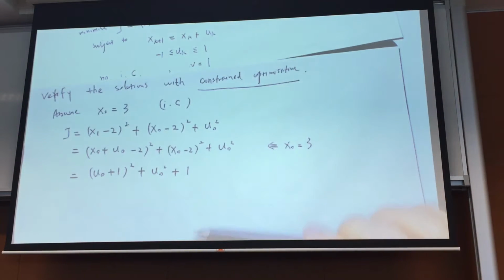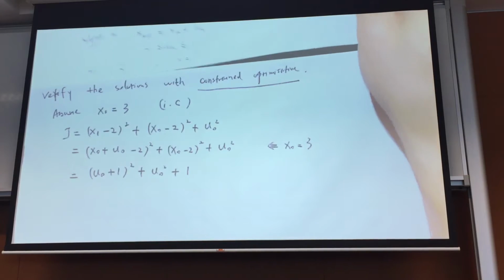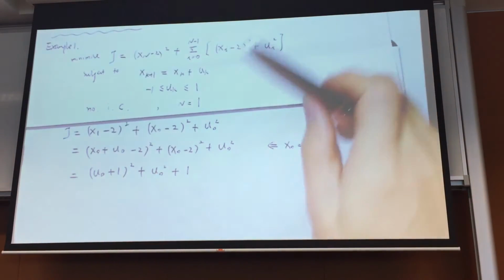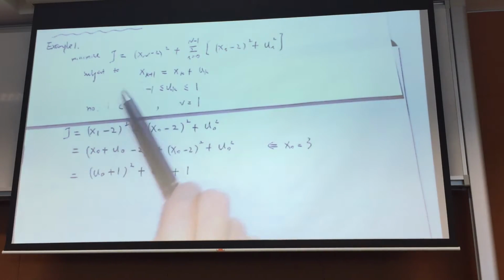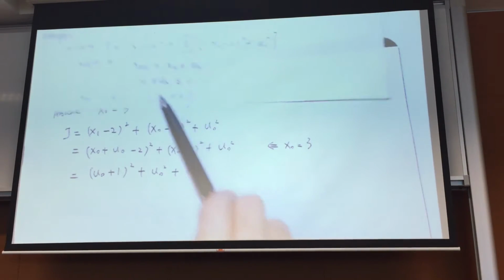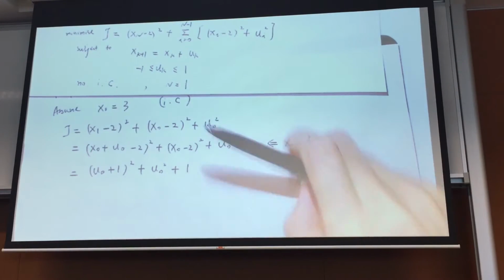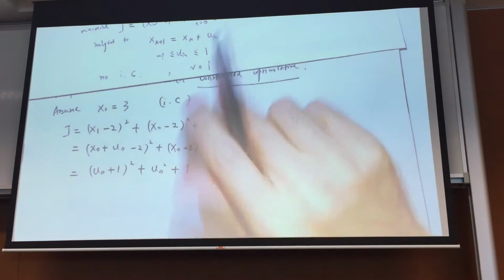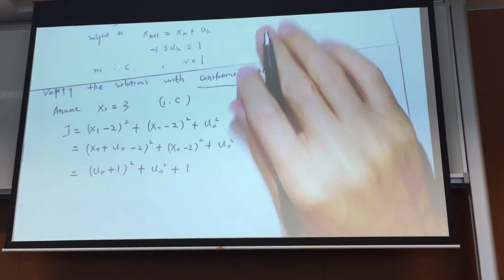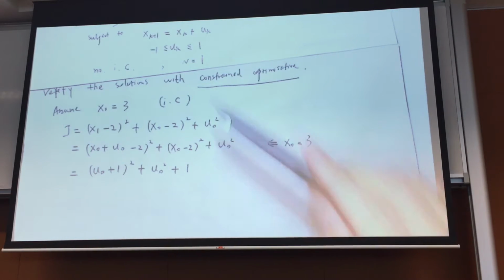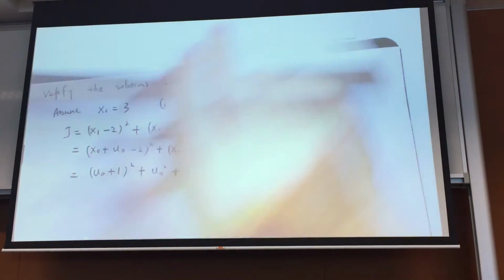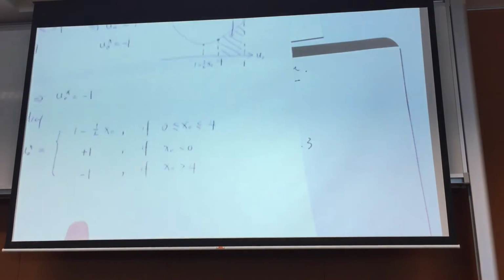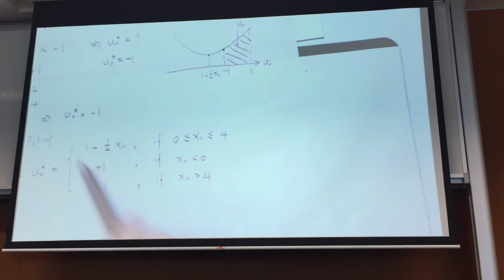For the following procedures, you can either follow our standard constraint equations, constructing the Hamiltonian and using all the constraints to solve it, but that is quite complicated. To make it simple, from here we already know that x0 equal to 3 will fall into this situation.